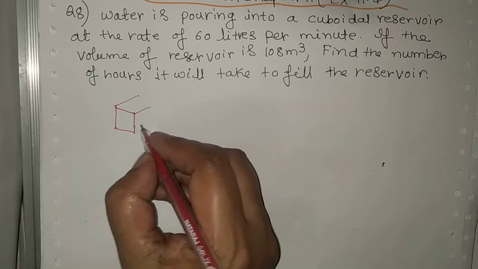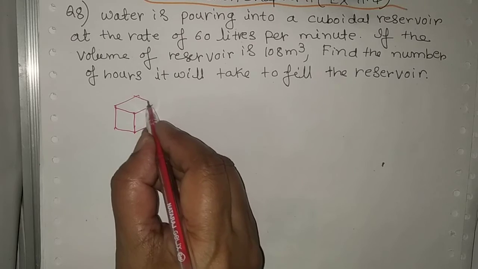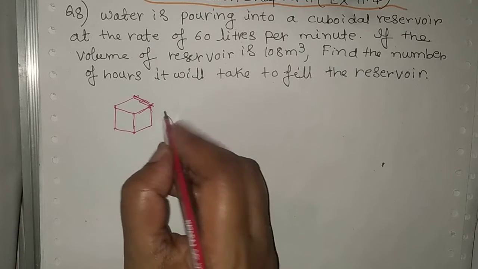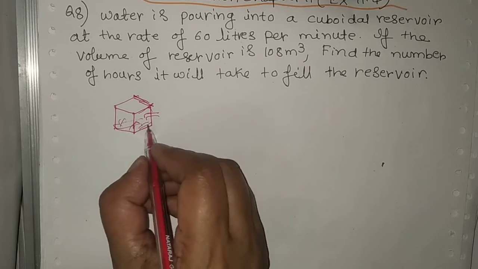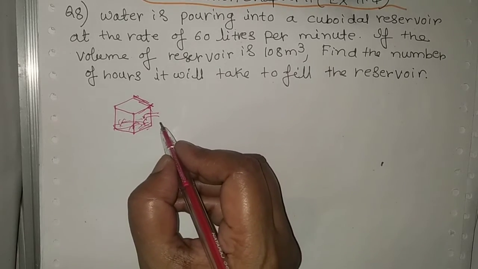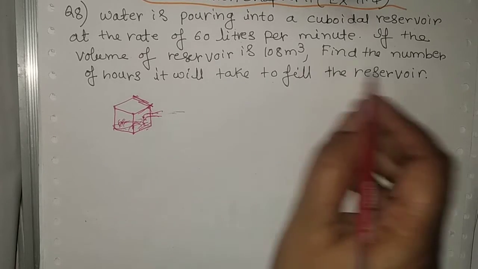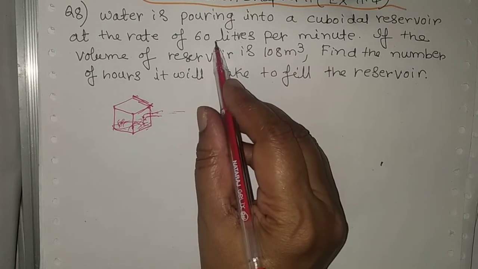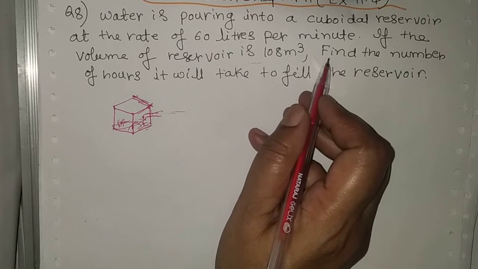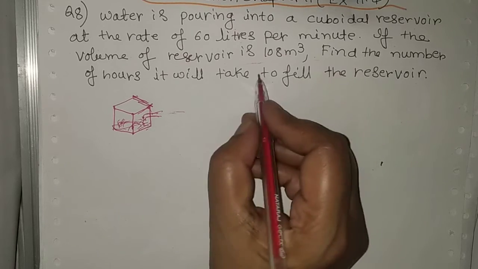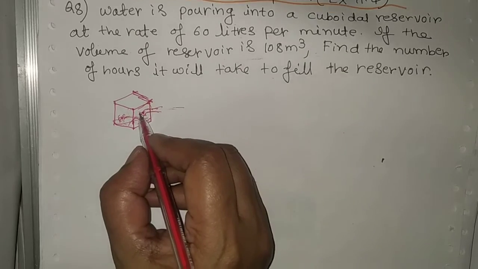From the reservoir water is coming there. All the diagrams are given in the textbook, this is just a rough sketch. So water is coming from the reservoir, filling the cuboid, at a rate of 60 liters per minute. We have to find out how much time it takes to fill this reservoir.